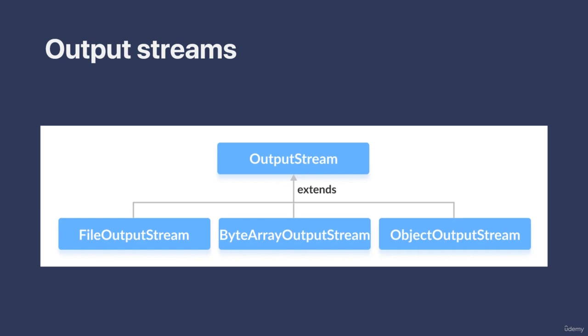Some of them are file output stream, byte array output stream, object output stream. We will discover the output streams and how to create them. So let's go to the IDE, IntelliJ.